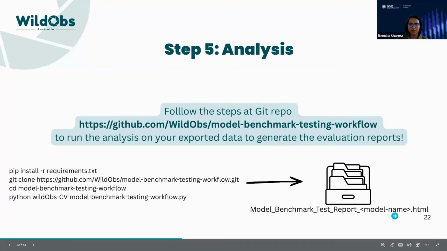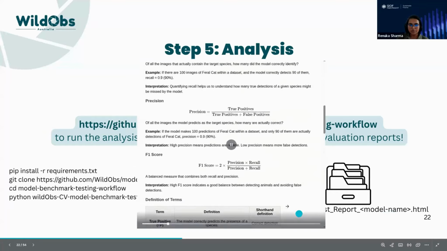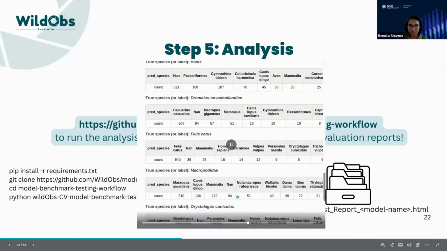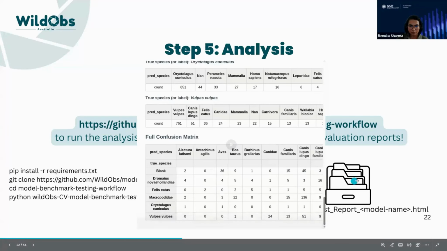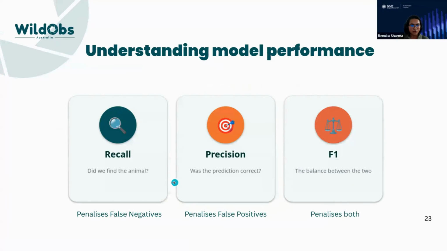This is an HTML file you will generate for every model that you have selected for exploration. This is to assess how your model has performed, whether there have been any misclassifications, and it's a thorough report. Here, we are trying to focus on all the metrics that are of concern while evaluating model performances.